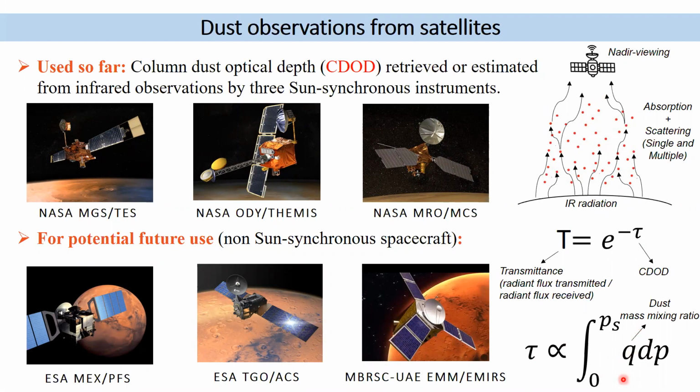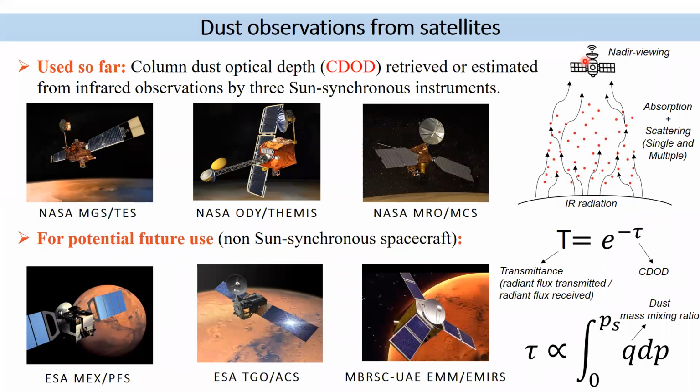So in simple terms, if we have infrared radiation emitted by the ground, the satellite measures how much radiation is transmitted through the atmosphere, and the radiation which is not transmitted is absorbed or scattered, and the optical depth gives a quantitative measurement of this radiation.